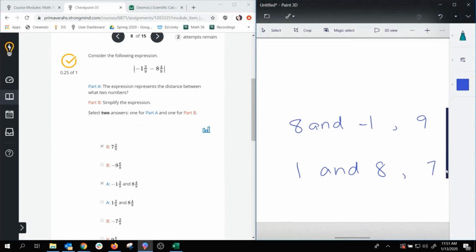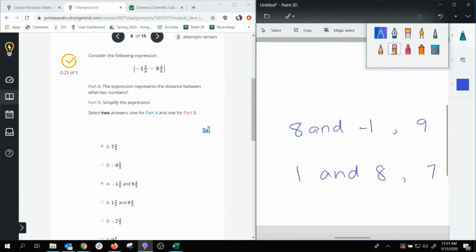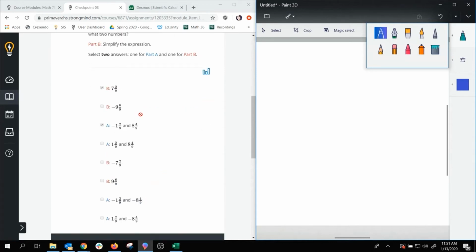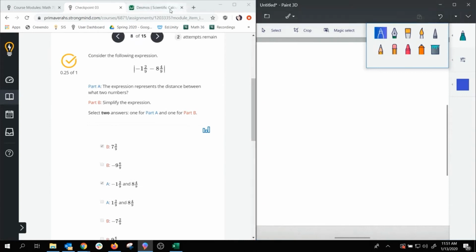For 8, A. And it looks like all we have to do is figure out what the actual distance between the two is. So I know my distance has to be positive, right? So that means that this answer and this answer are automatically wrong. And let's type those in. I think I need to write that down because I won't remember that.